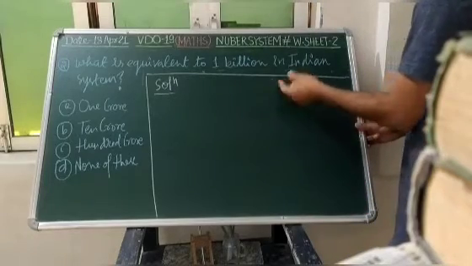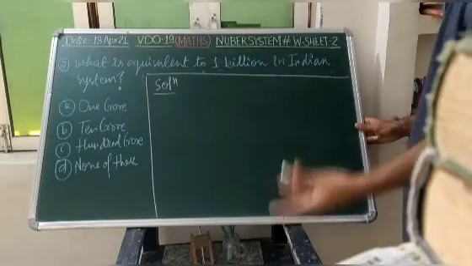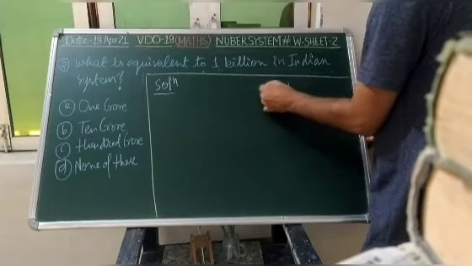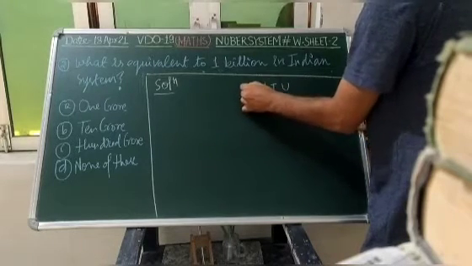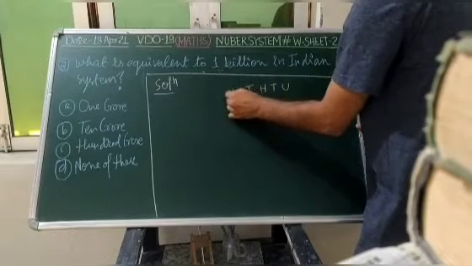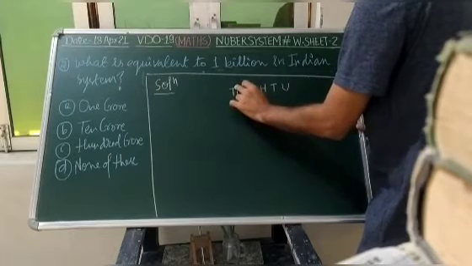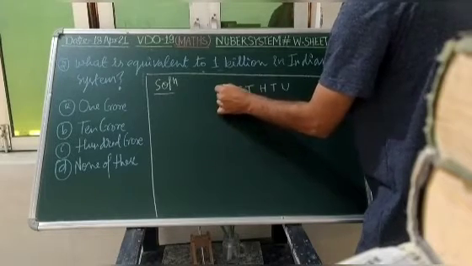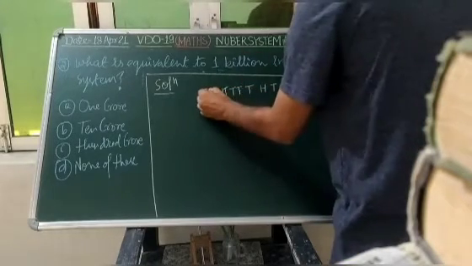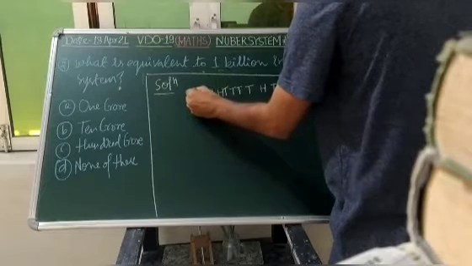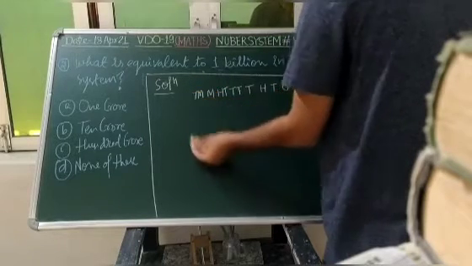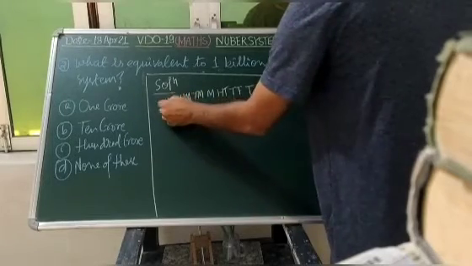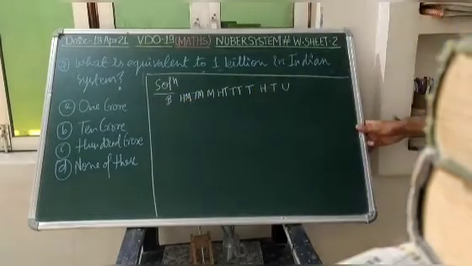You know, 1 billion in the international system: unit, 10, 100, 1000, 10,000, 100,000, million, 10 million, 100 million. Then after that billion will come.